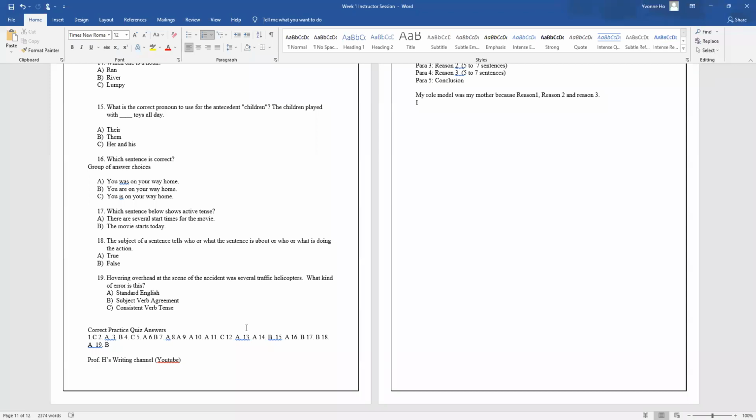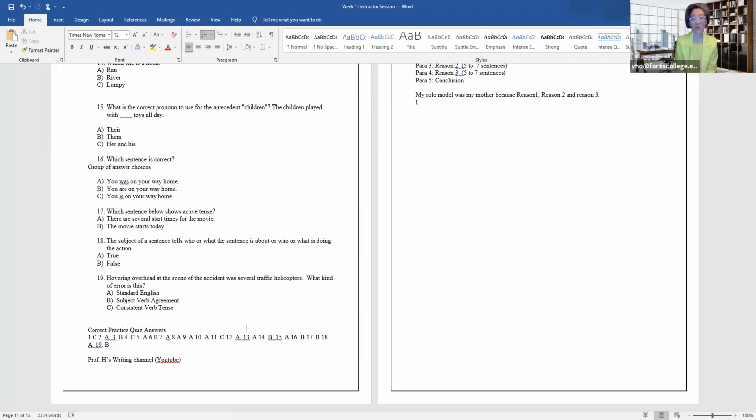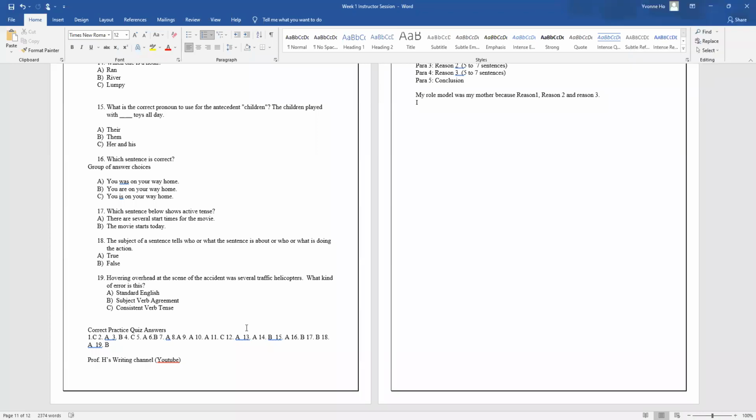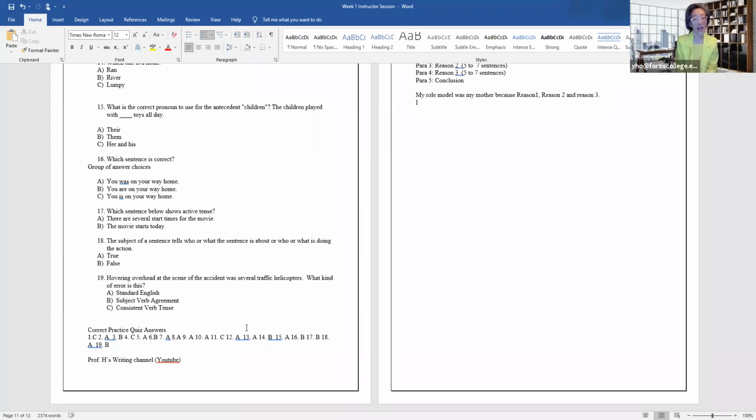And number 18, the subject of a sentence tells who or what the sentence is about. Is this true or false? What is the function of the subject of a sentence? True, yes. Hovering overhead at the scene of the accident, what kind of error is this? Is it A, B, or C? B, subject verb agreement.